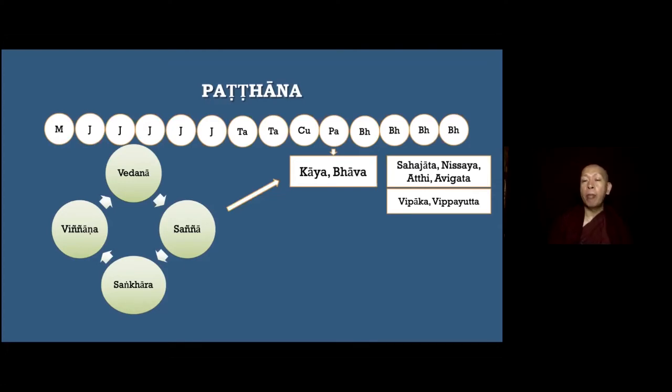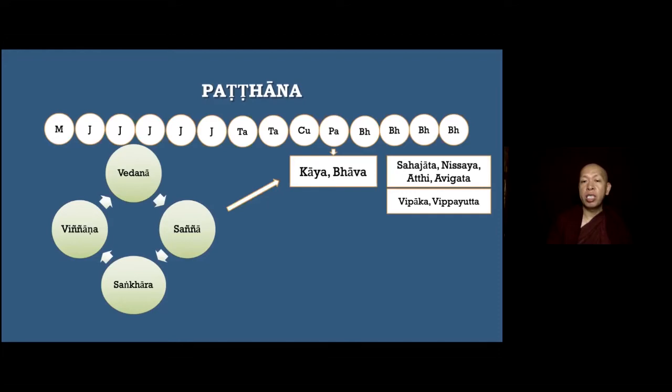Now vippayutta. For nama to nama, we have sampayutta because they arise together, they perish together, they arise at the same time, and they take the same object. But here, nama to rupa, they will arise together, but they will not perish together.